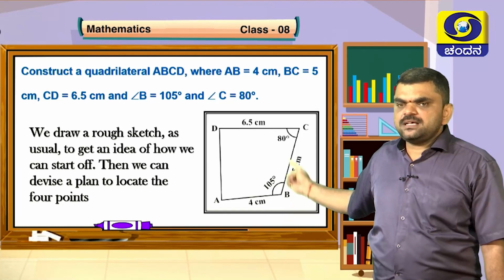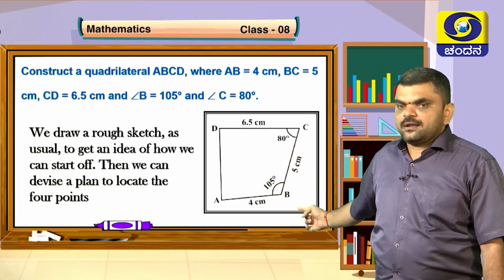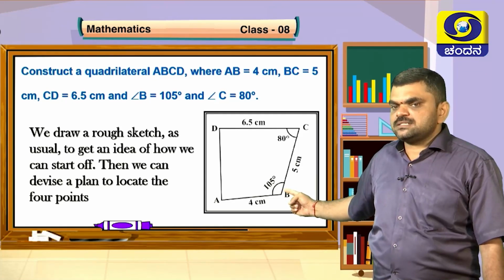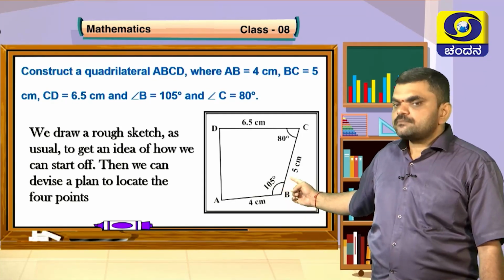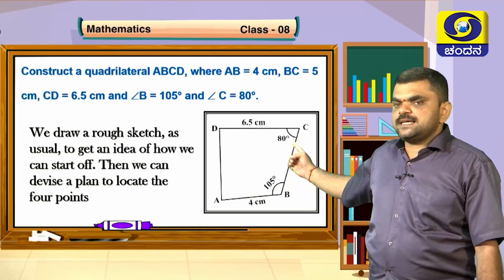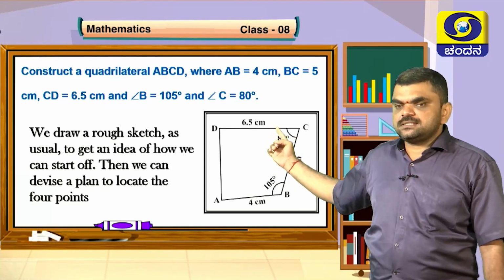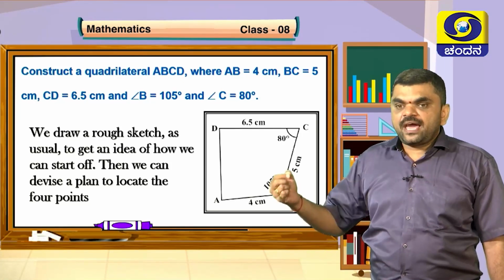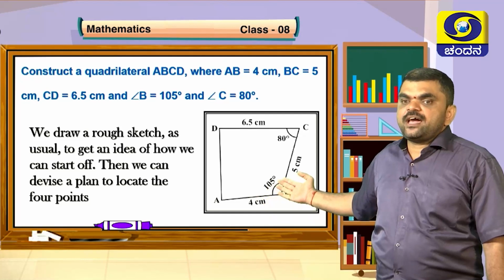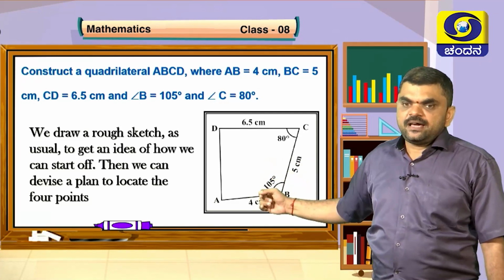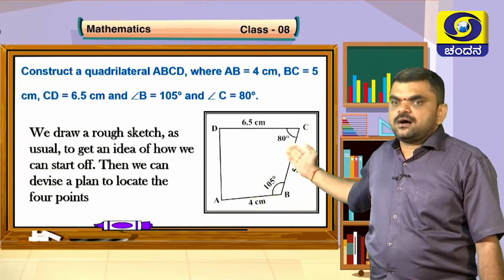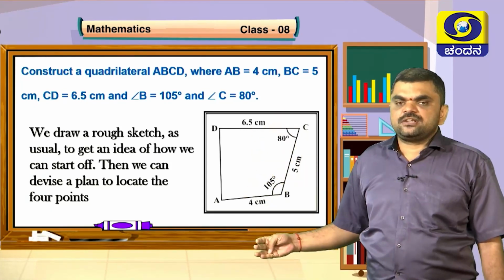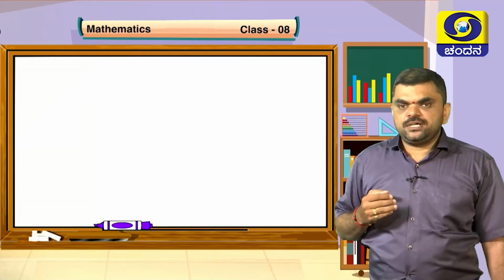ABCD is a quadrilateral where AB is 4 centimeter, BC is 5 centimeter, the included angles, that is angle B is 105 degree, angle C is 80 degree, whereas the side CD is 6.5 centimeter. Now we have to find out which side we have to take as a base. Can we take AB as base or BC as base or CD as base? That we have to decide here, children. Now let us do the construction here, children.